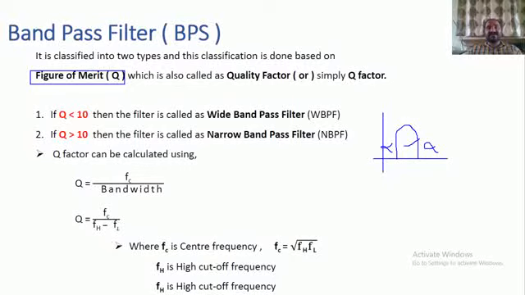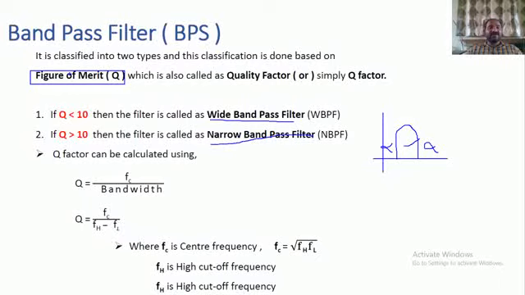Based on the figure of merit value, the band pass filter is divided into two types: the wide band pass filter and the narrow band pass filter.